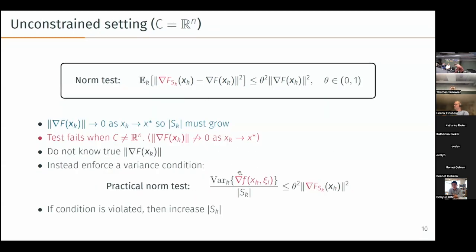So what people do in practice is they use a population variance on the left-hand side, and they substitute the sample average of the gradient on the right-hand side. And this in practice works just as well, but most of the analysis is done for the idealized norm test. And then you use an approximate test in practice.